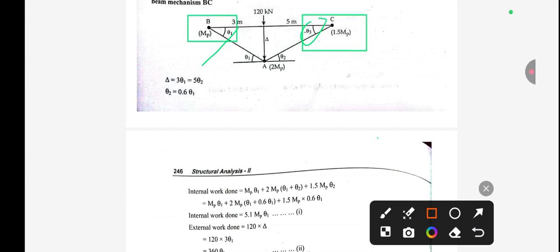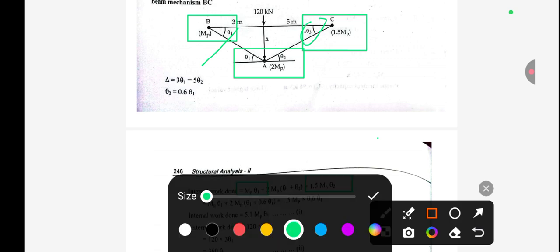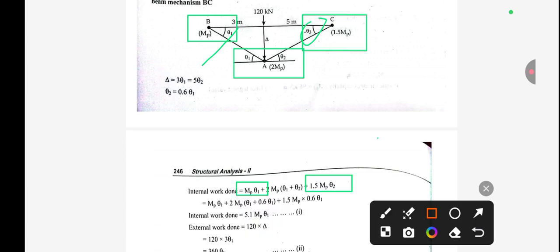Now for this point A, we have two different angles, that is theta 1 and theta 2. So the total overall angle will be theta 1 plus theta 2 times 2 MP. So this middle one, here internal work we have calculated.